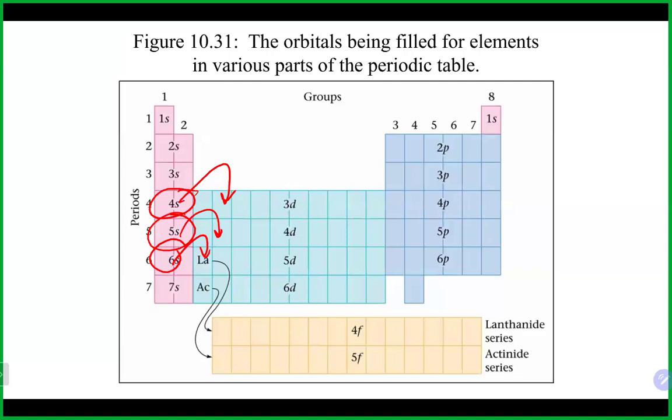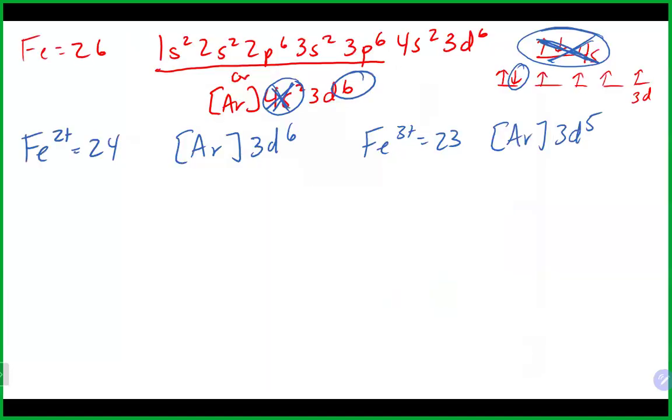They will not get themselves back to a noble gas because frankly, they have a long way to go to do that. But what they're able to do is stabilize themselves by releasing the highest energy electrons, and it becomes a little bit more stable in that situation. But unlike representative elements in groups 1, 2, and 3, they won't back up to a noble gas when they lose electrons, as we saw in this example.